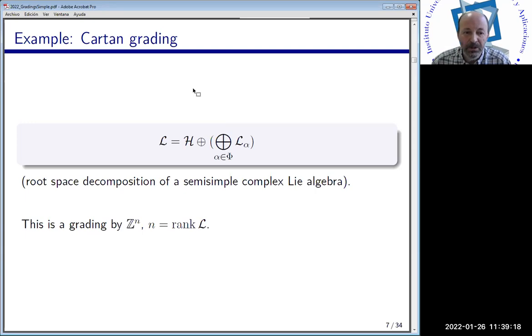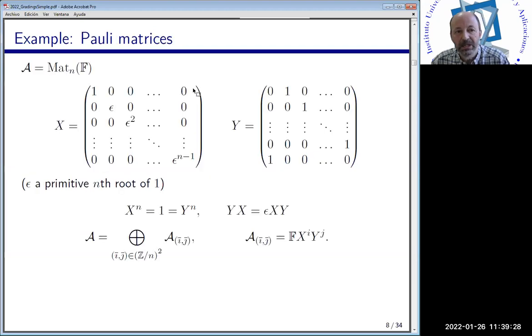But let me show you another example of a different kind, not just on Lie algebras, but on associative algebras. These are the gradings produced by Pauli matrices. So assume that we start with n by n matrices, and that our ground field contains a primitive nth root of unity, epsilon.